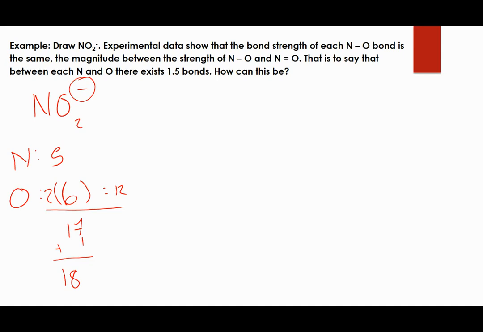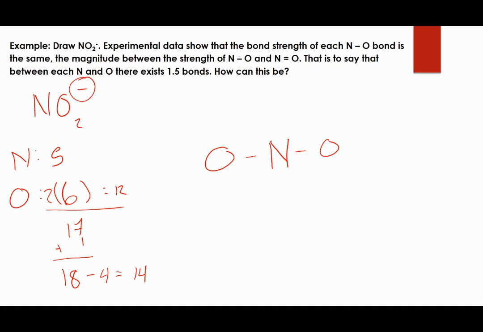Since we have 1 nitrogen and 2 oxygens, nitrogen is going to be our central atom. Next thing we have to do is connect our two other atoms to our central atom. We have used up 4 electrons so far in those bonds, so we now have 14 to work with.